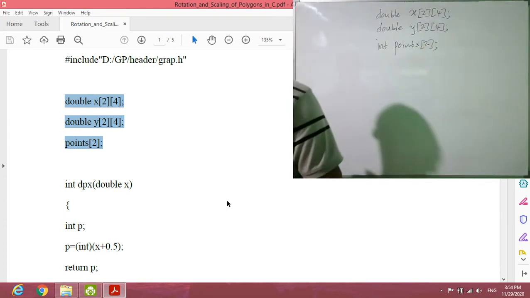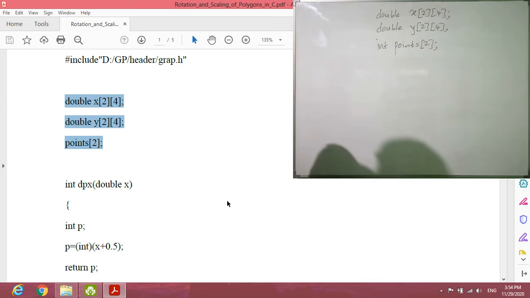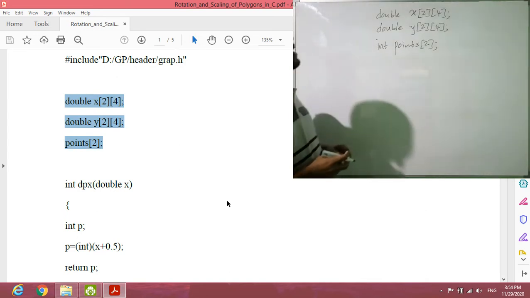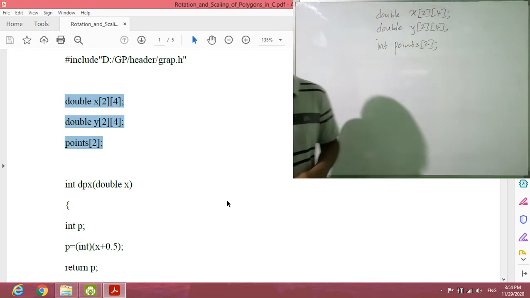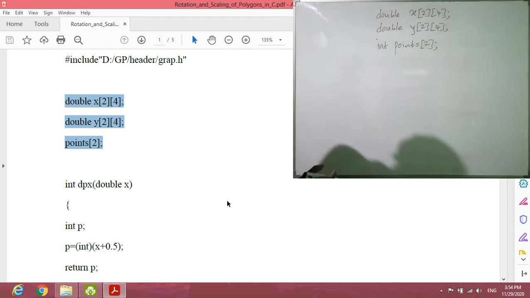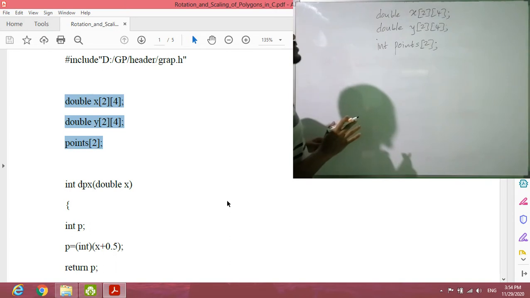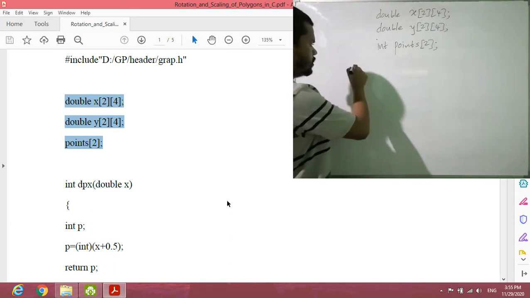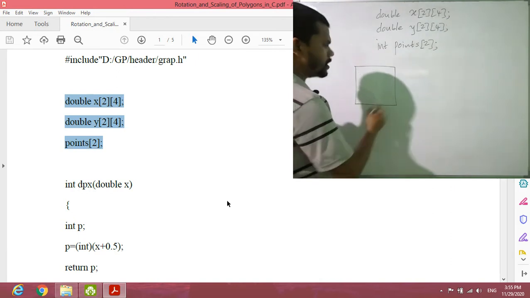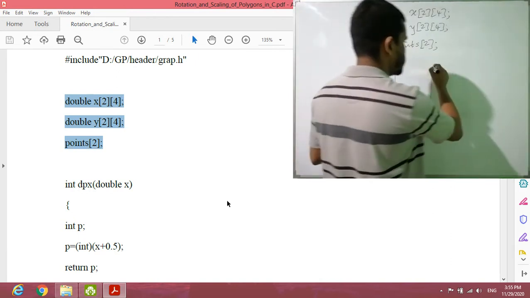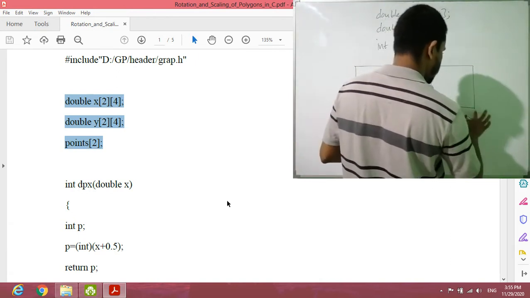Since we study rotation and scaling of polygons, in this particular code I have used these arrays to store coordinates of two squares. Let's take those two squares like this.